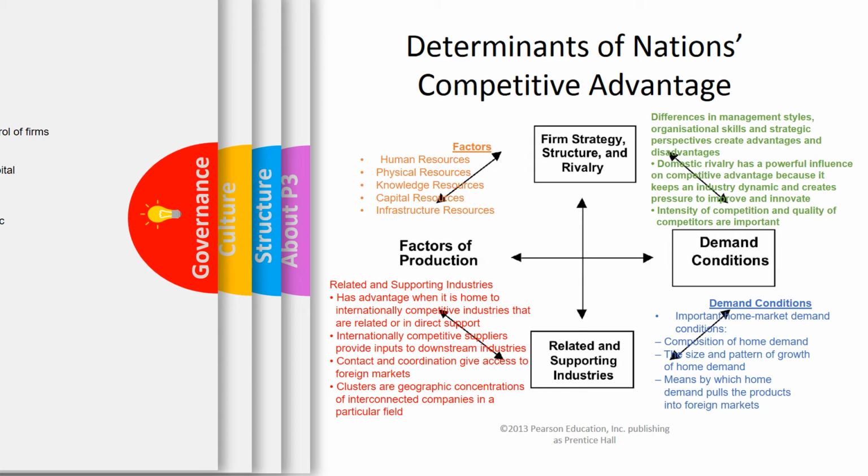Now, intense rivalry causes a drive to innovate. So, as an example, German car manufacturers BMW, Mercedes, and Volkswagen wouldn't be so successful without the existence of each other, because the intense rivalry drives innovation and makes them successful internationally.